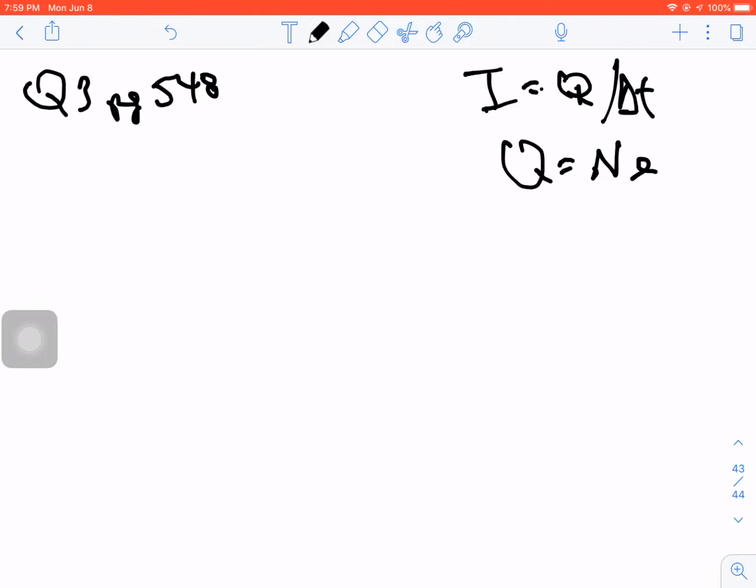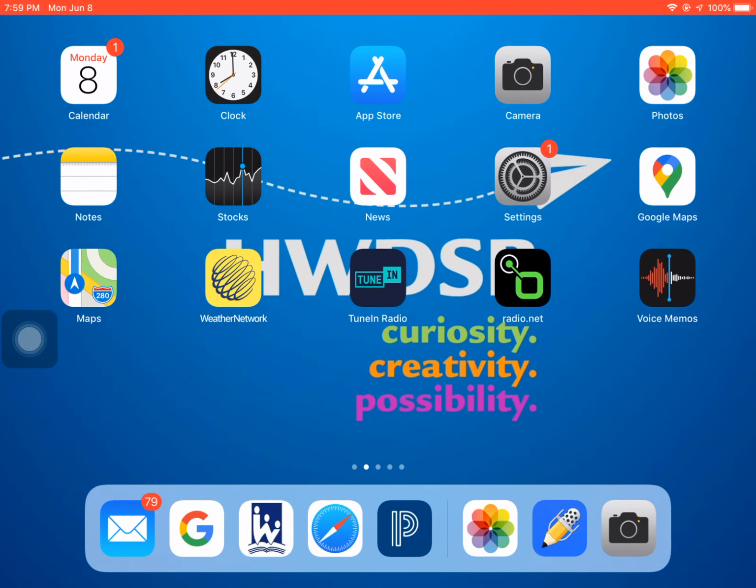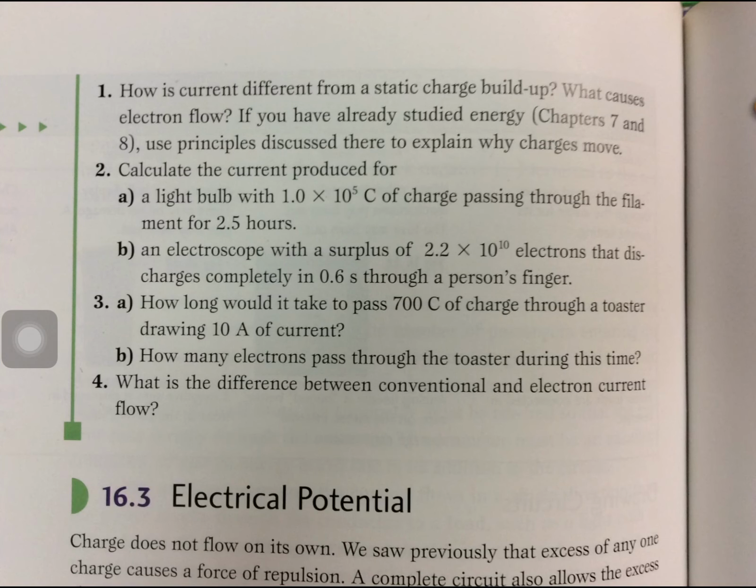Okay, so for question 3, how long would it take to pass 700 coulombs of charge through a toaster if it draws 10 amps? Right, so I'm seeing 700 coulombs of charge, and I'm seeing 10 amps of current, looking for time.